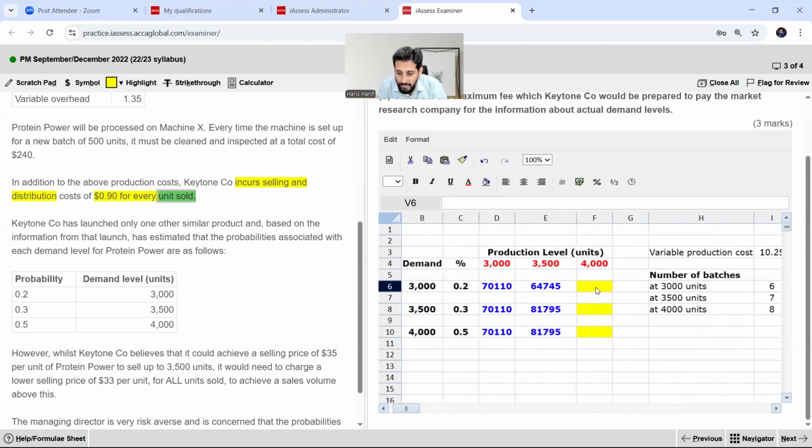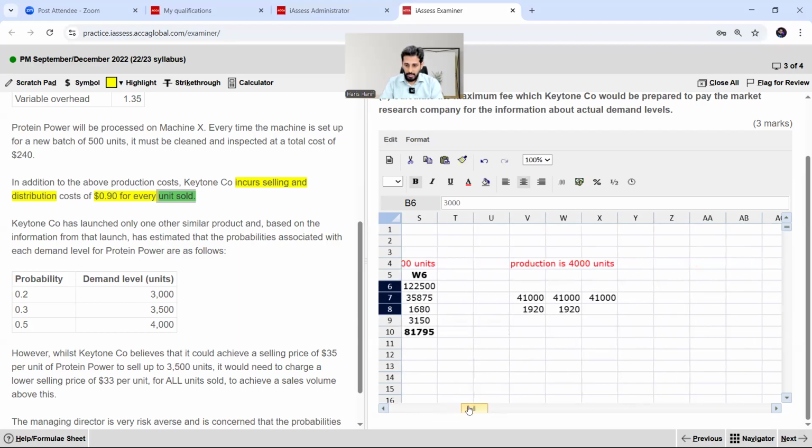In the first yellow shaded cell, there is a demand of 3,000 units. I can sell. Number 2, there is a demand of 3,500 units. I can sell. Number 3, there is a demand of 4,000 units. I can even sell it, right? So at these two levels of demand, my selling price is $35, and above that, I have to sell at $33 per unit, right?